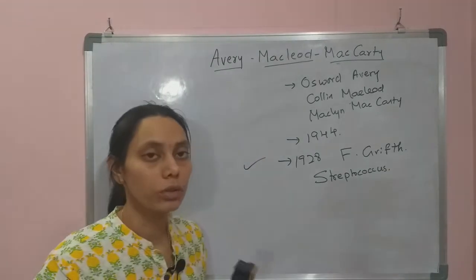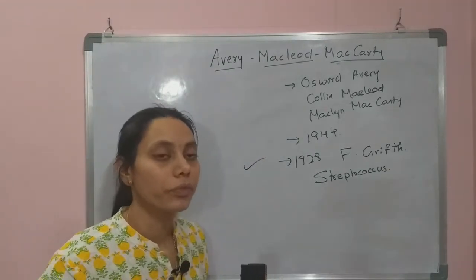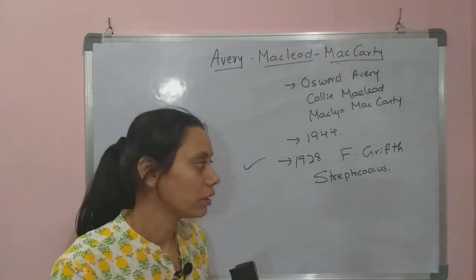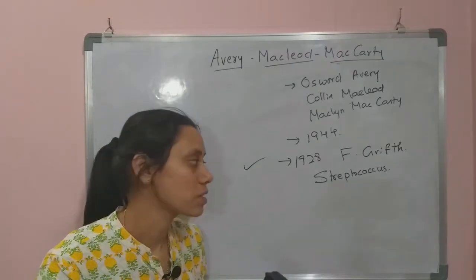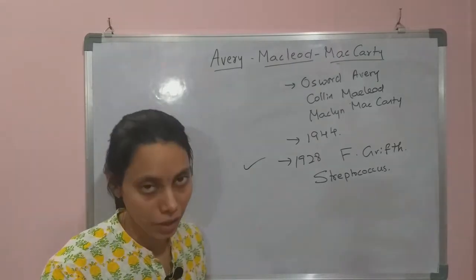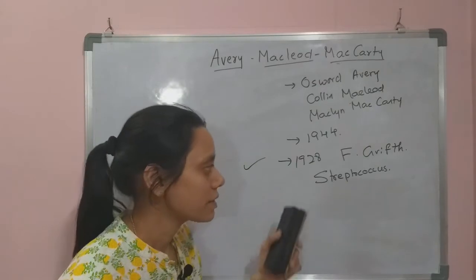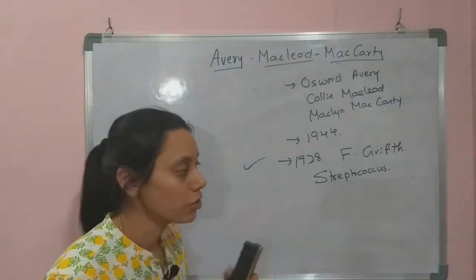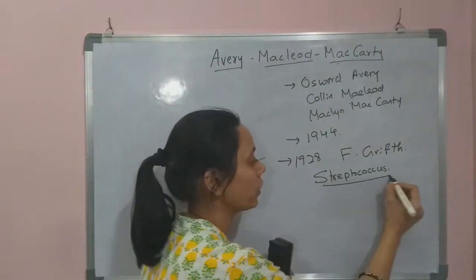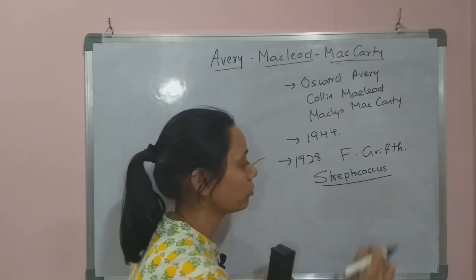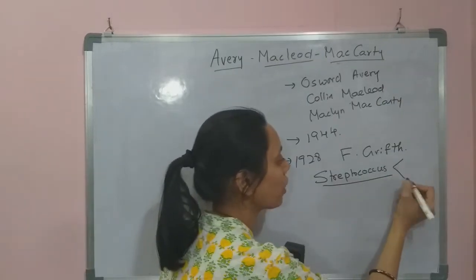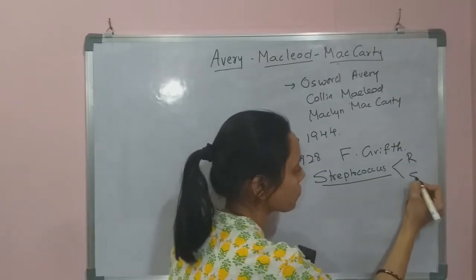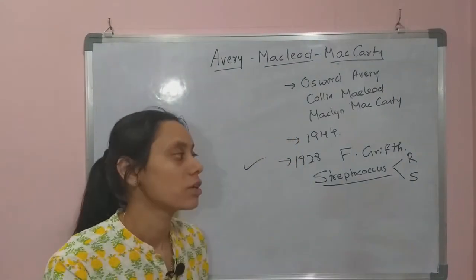Basically, Griffith wanted to learn the nature of inheritance. So, in his experiments, Griffith used streptococcus pneumonia bacteria, which is present in R and S forms. These are the two strains.